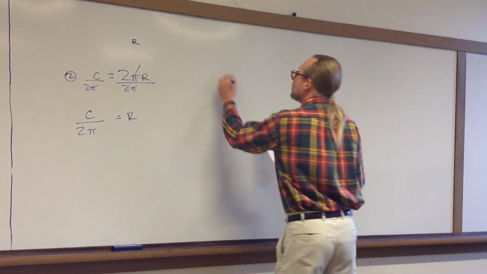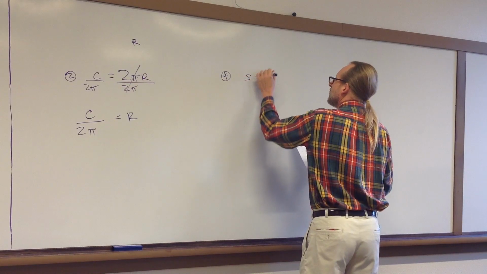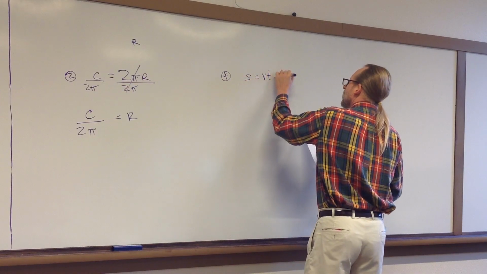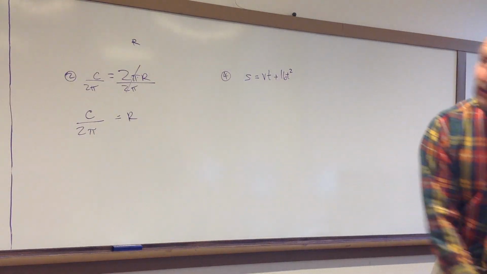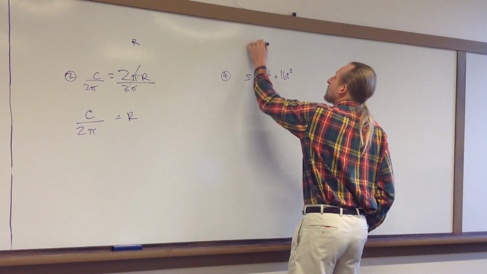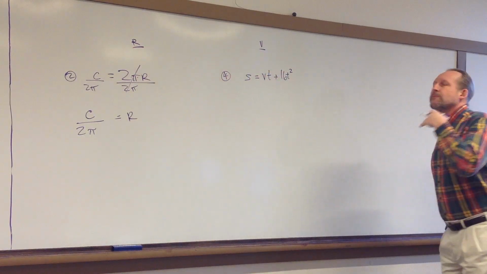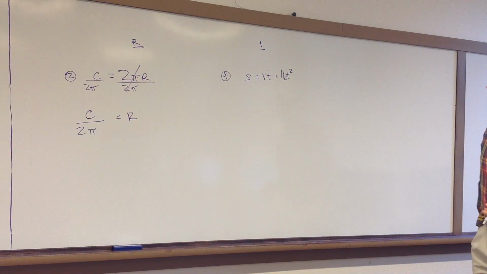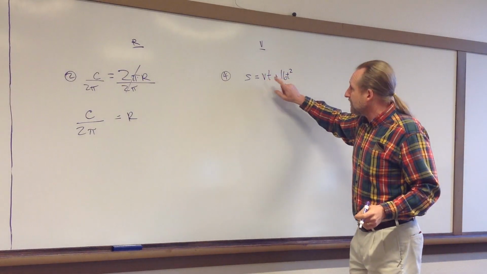Alright, problem 4. We've got s equals vt plus 16t squared, and we want to solve for v. Just like when we're solving for a single variable, we first want to isolate the piece that has that variable.